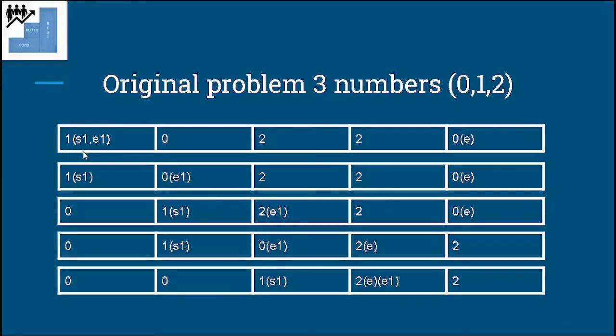So we have this to start with, and we have encountered 1. When 1 is encountered, just E1 is incremented. So we are over here, right? Now 0 is encountered. When 0 is encountered, then S1 is exchanged with E1. Why?